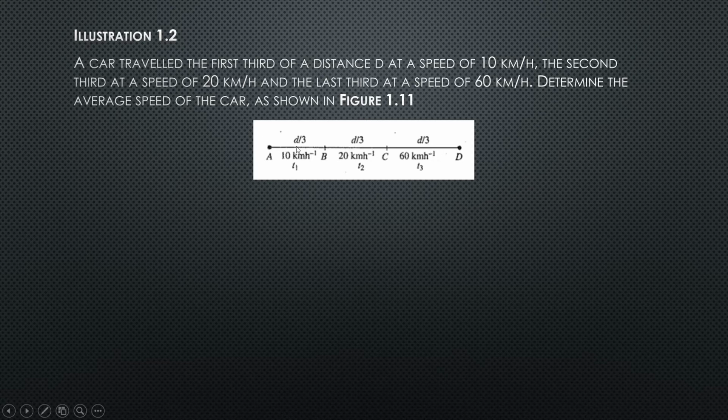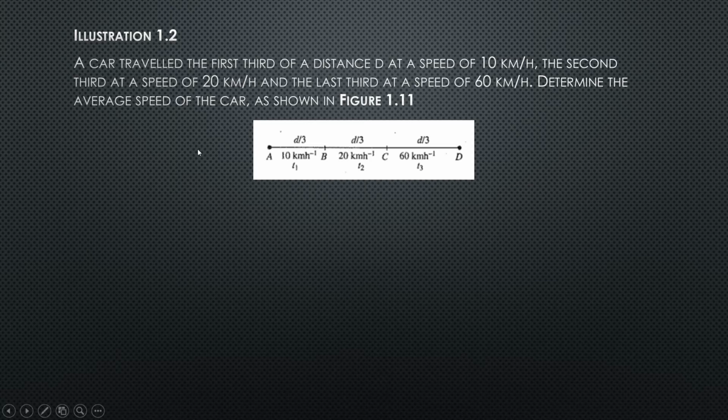From point A to point B, the speed of the car is 10 kilometers per hour. From point B to point C, the second third, it is 20 kilometers per hour, and from point C to point D, the last third, it is 60 kilometers per hour. So the question is to determine the average speed of the car.